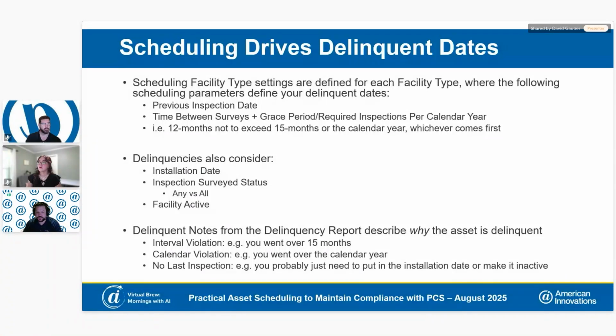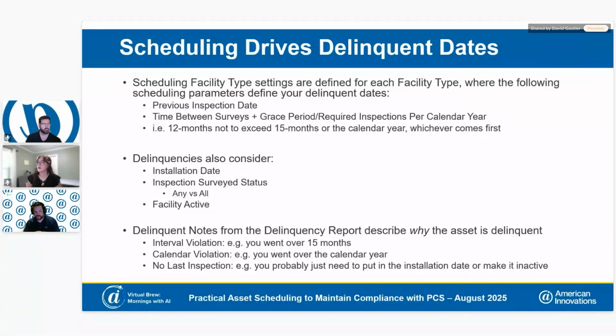So you might see on your delinquency reports, no last inspection. All that means probably is that the facility is newly added to PCS, and the delinquent report doesn't know how to treat it because delinquent dates are based on last inspections, right? We have our scheduling parameters.